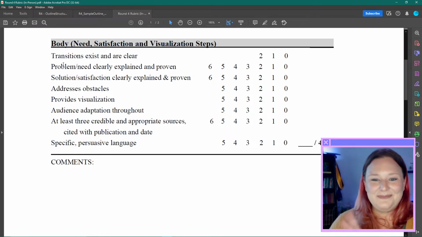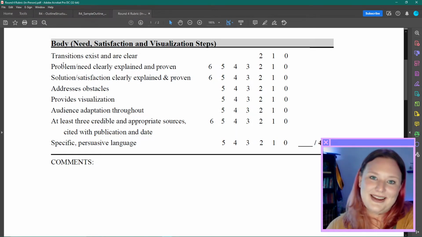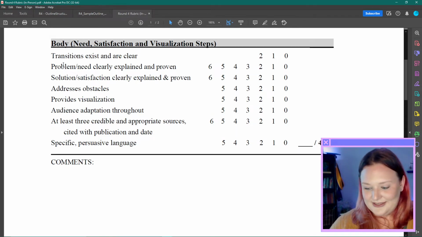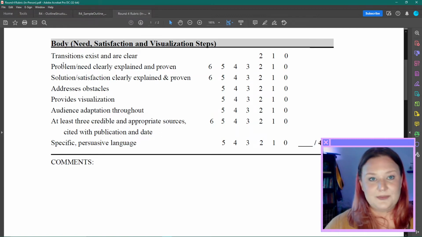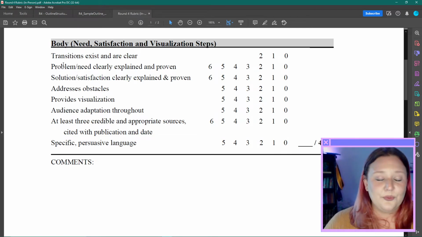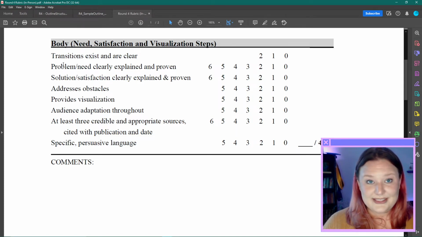So the problem and need should be clearly explained and proven. What I'm looking for is not only that you identify it and explain it, but that you prove this problem exists for your particular audience, for your classmates, and really impress on us that this problem or need going unfulfilled has negative impacts on the lives of your audience members.